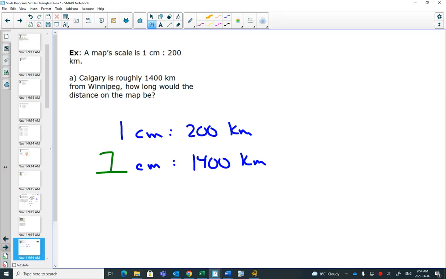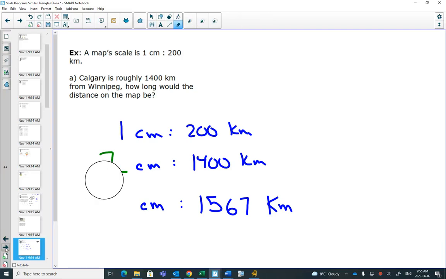Now that is something that some of you could just see with mental math. If I chose something that wasn't a nice number, let's say the distance from Winnipeg to Edmonton was 1,567 kilometers. Now your mental math doesn't let you figure out this number as easily.